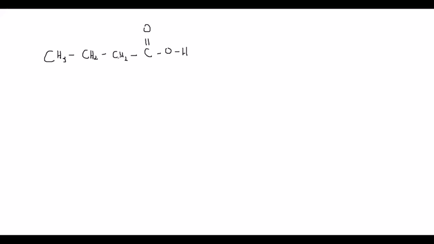Which acid is this? 4 carbon atoms. What is the name of this acid? Because of 4 carbon atoms, it is but-. They have a single bond, and due to the functional group C double bonded with O and OH, it's butanoic acid.